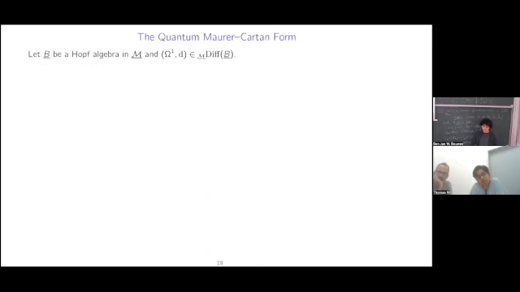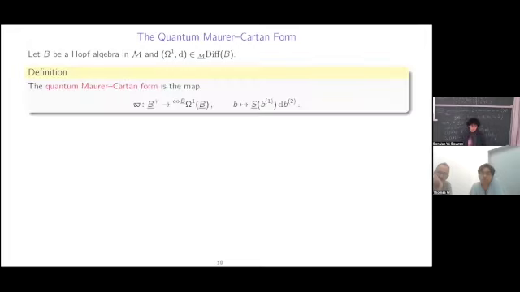Okay, so now let's talk about the quantum Maurer-Cartan form. If you remember the first nice picture that we saw, this thing is going to be quite central to what is going to come afterwards. So we start with a braided Hopf algebra in a braided monoidal category, and we consider a first order differential calculus on it. In particular here, it's enough to consider a left covariant first order differential calculus, okay?